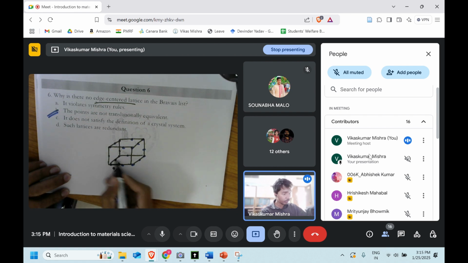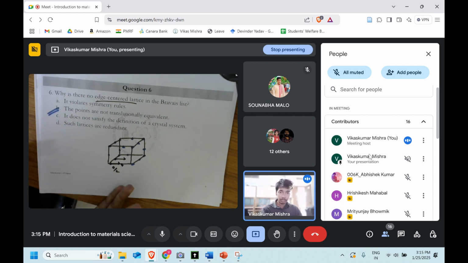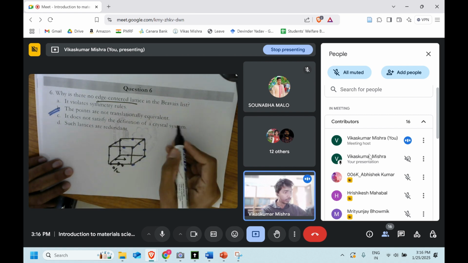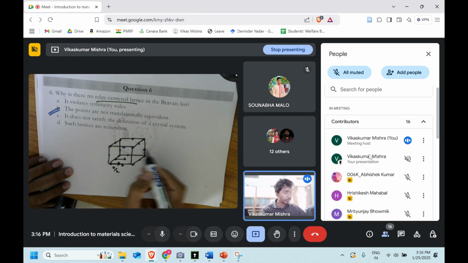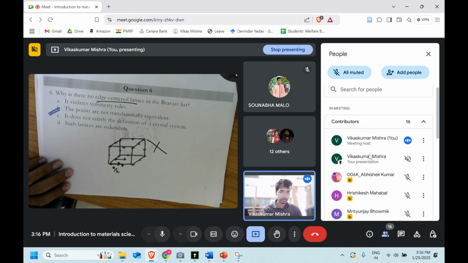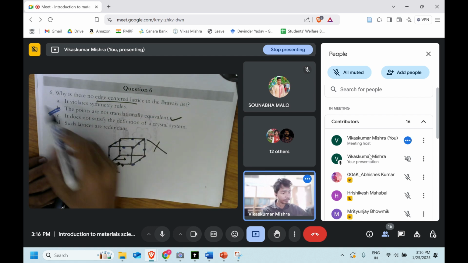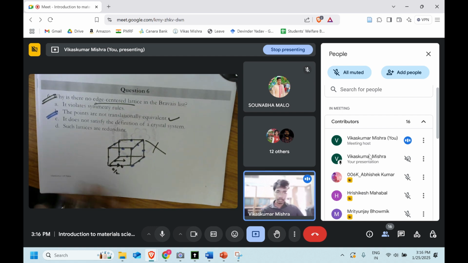So for this point also I have to go by a by 2, and I should find the atom, because I found one over here. But doing the same symmetry operation, I am not getting anything. I did this lattice translation and did not get it. So it is not translationally equivalent. That's why we say that the S centered is not part of the 14 Bravais lattices. So with that, option B is the right answer. If there is any doubt, please let me know. If not, we'll move to the next question.